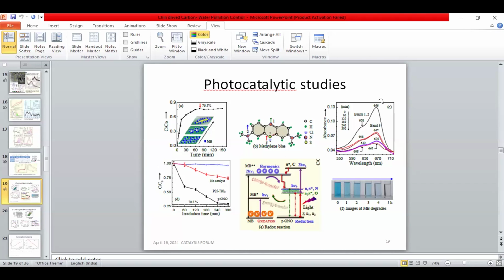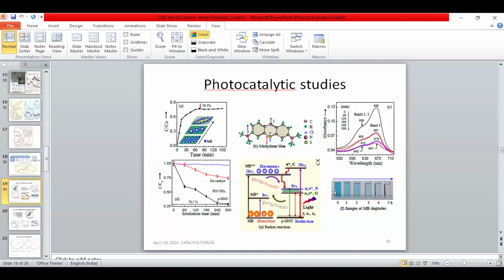Along with this adsorption, we have seen that under visible light radiation, the absorbance intensity of this methylene blue decreases, which indicates that methylene blue is degraded. And this degradation is represented here, and we have found that this catalytic process is about 70%.